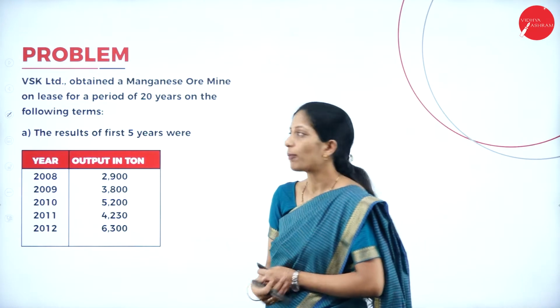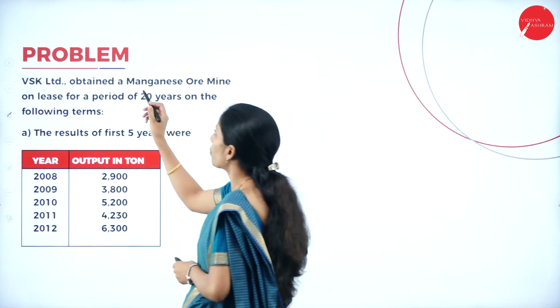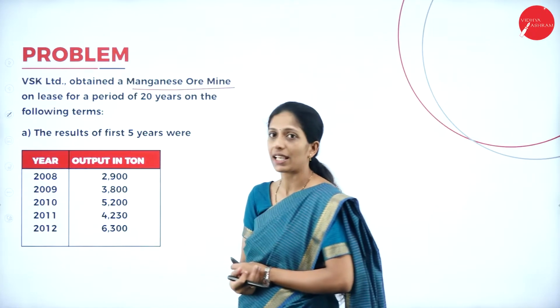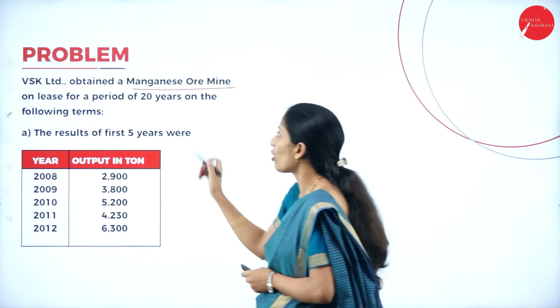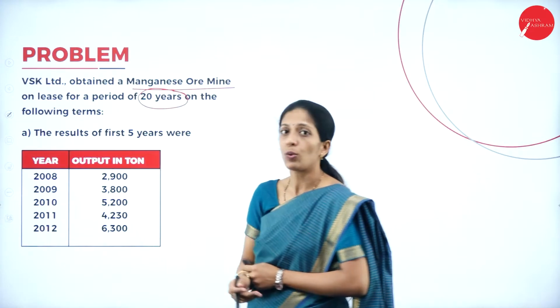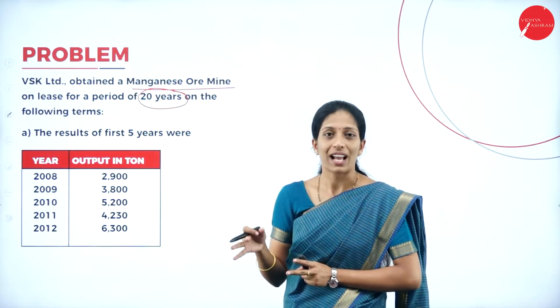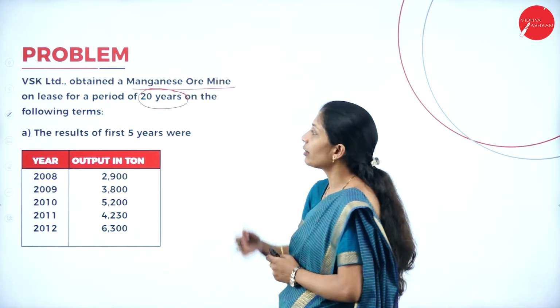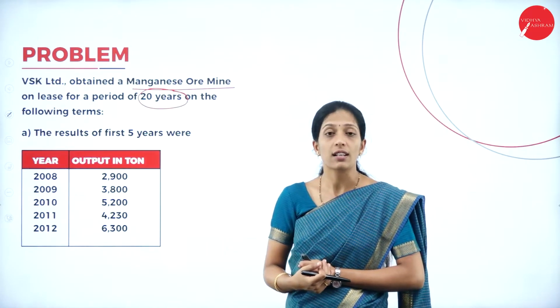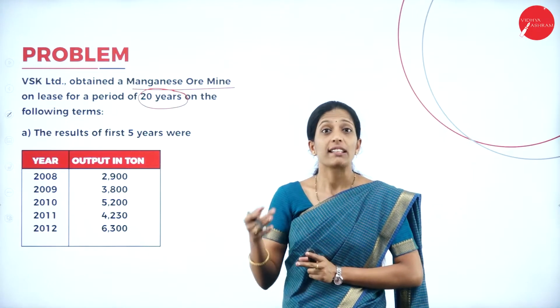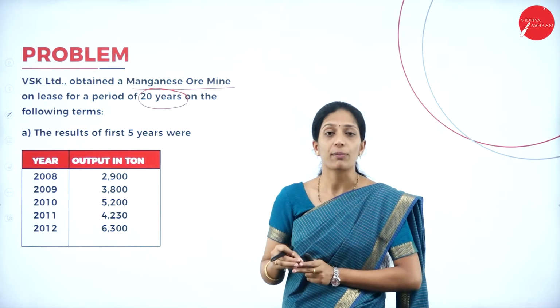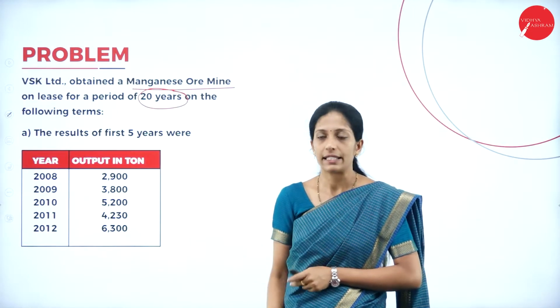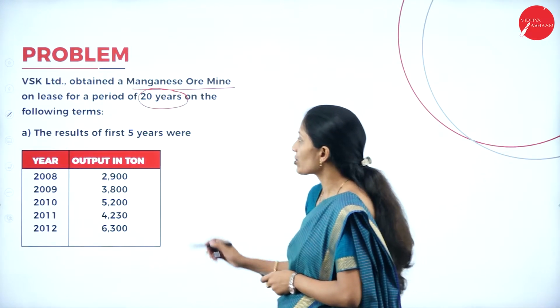That is, go through the problem here. VSK Limited obtained a manganese ore mine on lease for a period of 20 years. Now, what is the duration of this manganese ore mine? That is on lease, it is 20 years on the following terms. Let us see what are the terms and conditions on which the lessee have taken the property from the lessor for lease. The results of first 5 years.